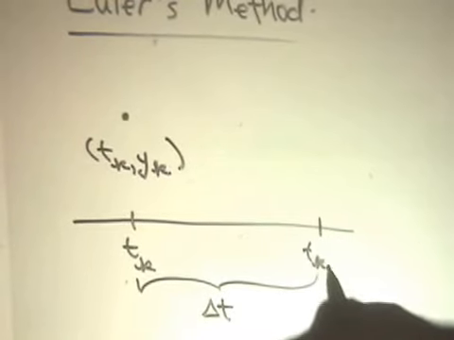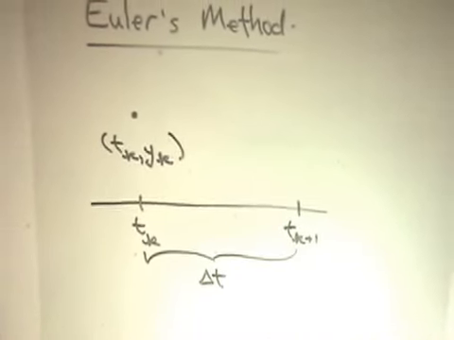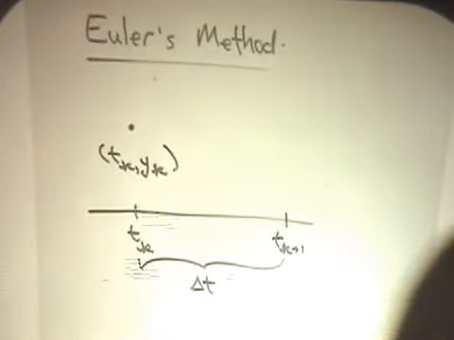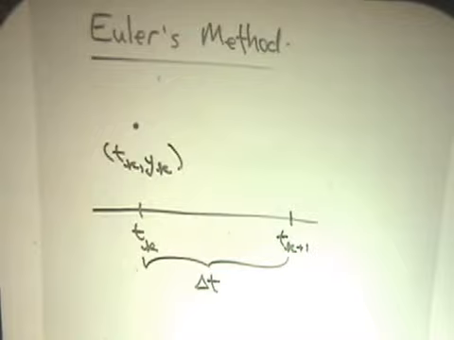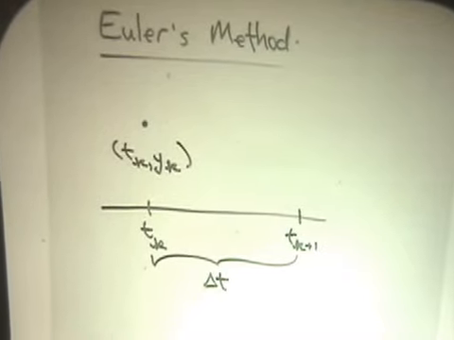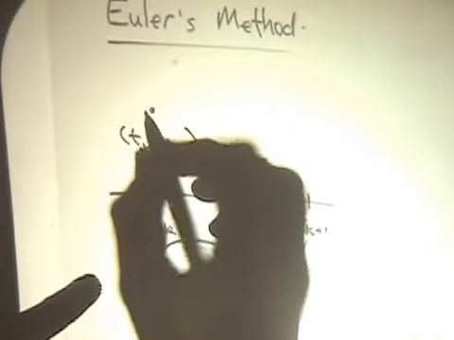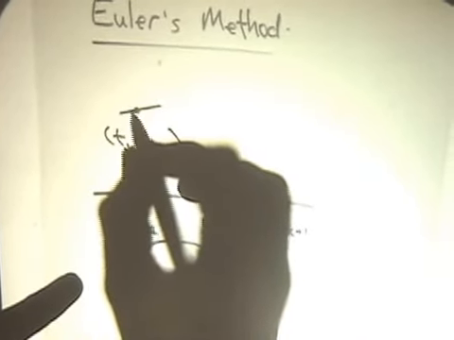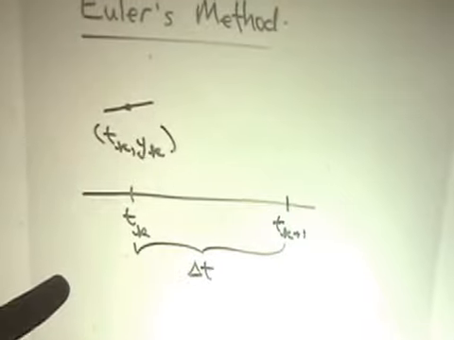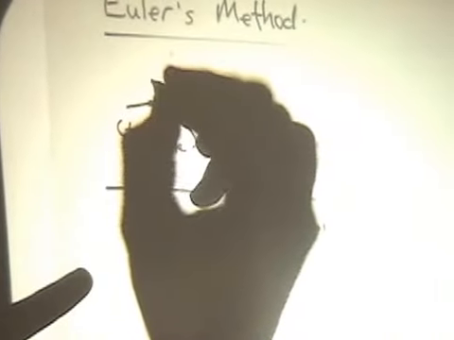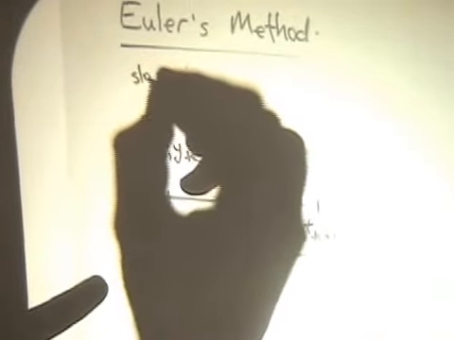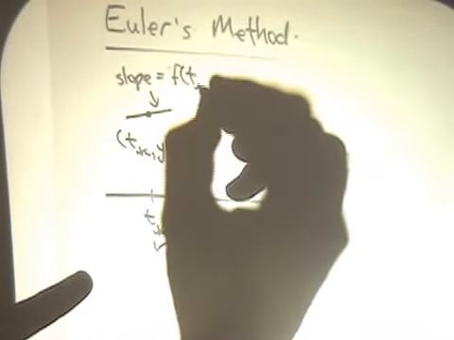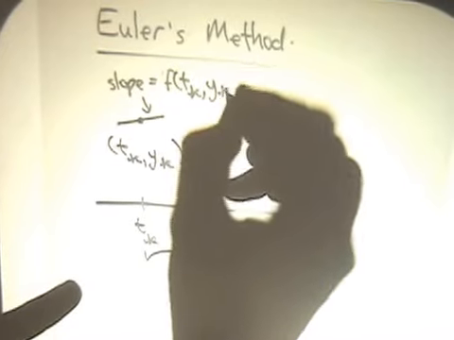That's also given, and will take us from t sub k to t sub k plus 1. We're also pretending that we know the differential equation. We know the right-hand side of this first-order differential equation, and therefore we're pretending we know the slope of the slope mark in the slope field through that point. The slope of this is going to be given by plugging the point into the function on the right-hand side.